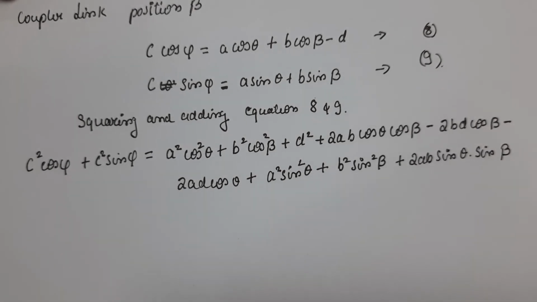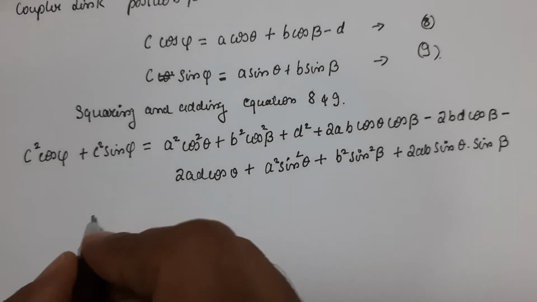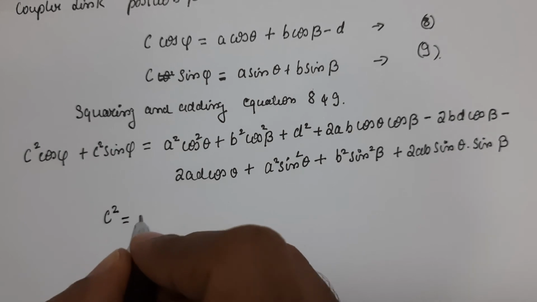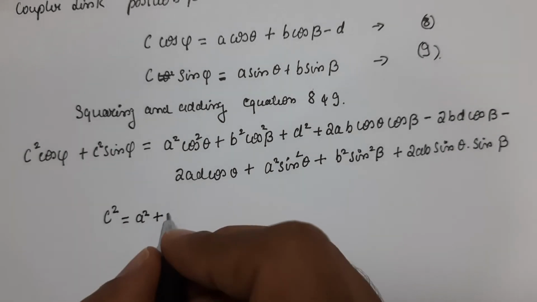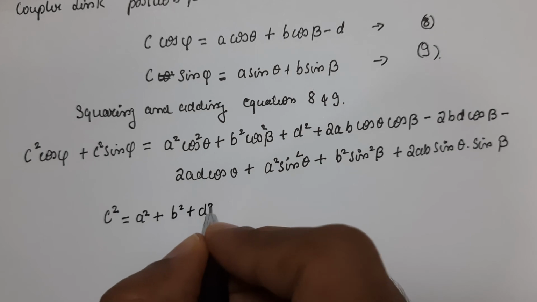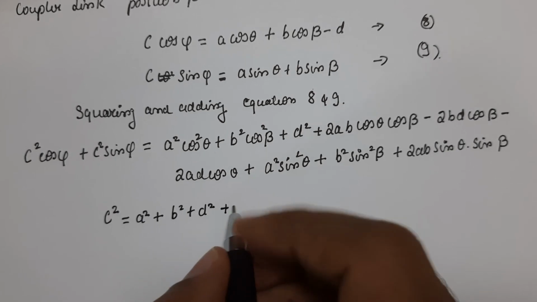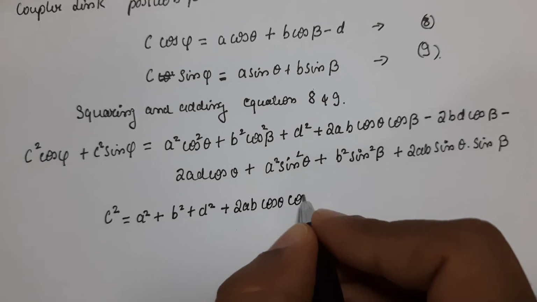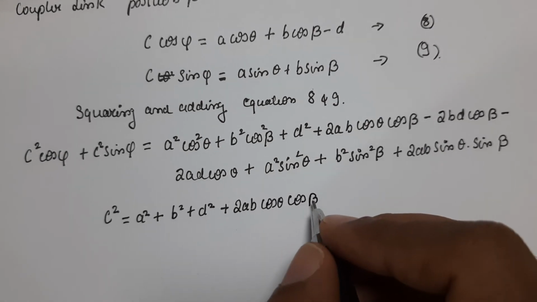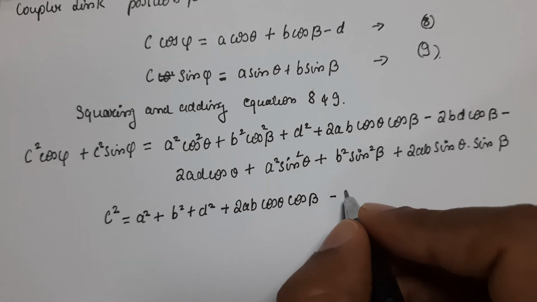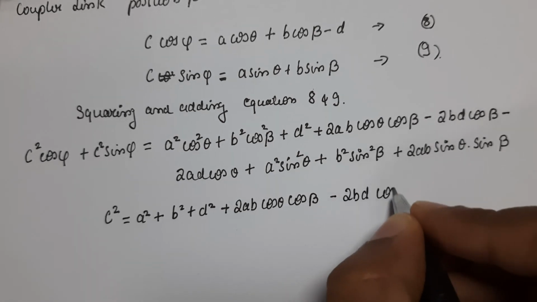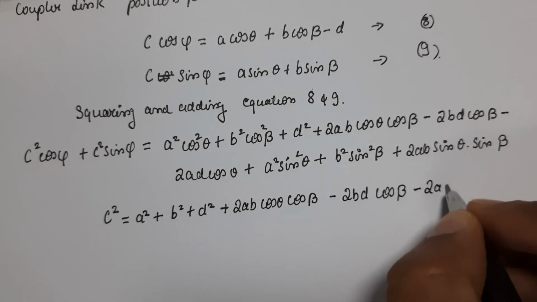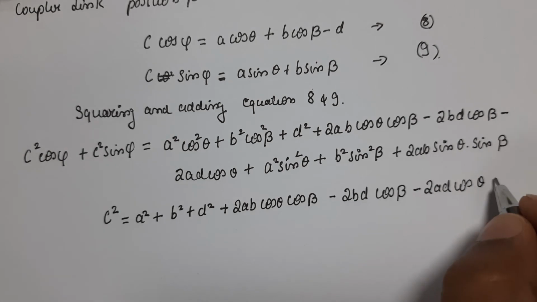So this equation can be simplified and written as C square is equal to A square plus B square plus D square plus 2AB cos theta cos beta minus 2BD cos beta minus 2AD cos theta.